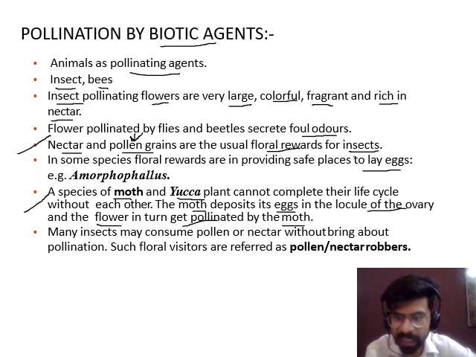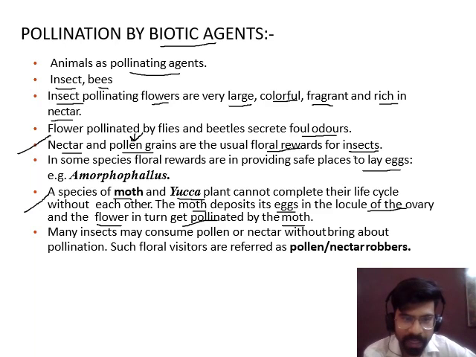Means the insect lays eggs in the ovary, and the insect also transfers the pollen grain from one flower to another flower. So they are mutually dependent. Mutually dependent means they are interdependent. Insect lays eggs, and the insect also transfers the pollen grain.